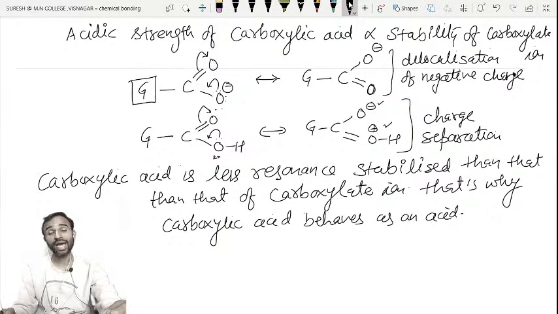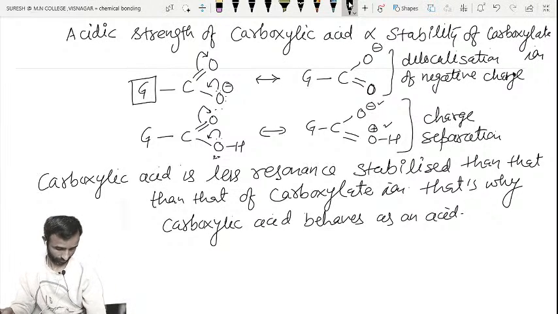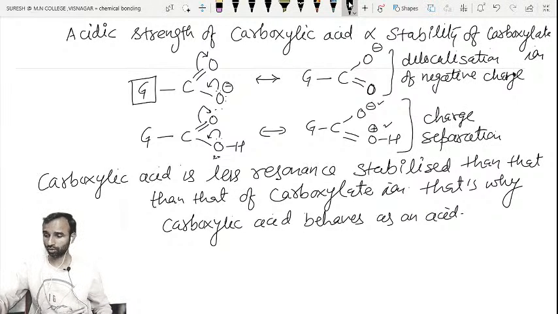That means any group which decreases the negative charge or stabilizes the carboxylate ion increases the acidic strength. So tell me, which type of groups increase the acidic strength?